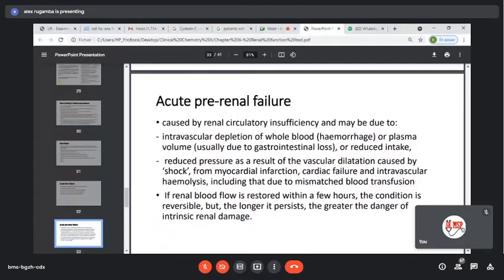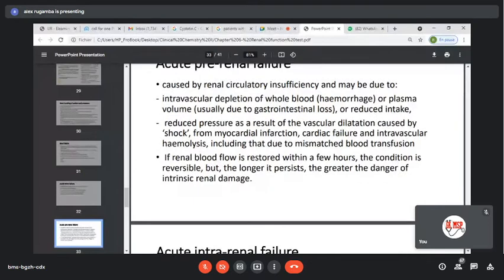But this one is reversible. As long as you stop the hemorrhage, the blood flow will continue as normal. That's why it is restored. But if the hemorrhage persists, this will be dangerous, as it may cause intrinsic renal failure. The kidneys are not sufficiently supplied with blood.